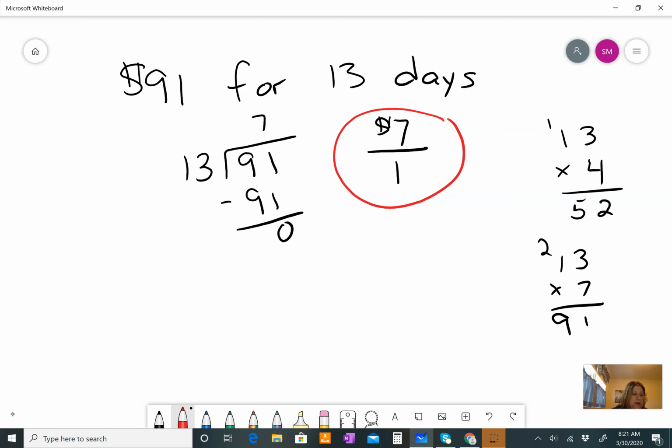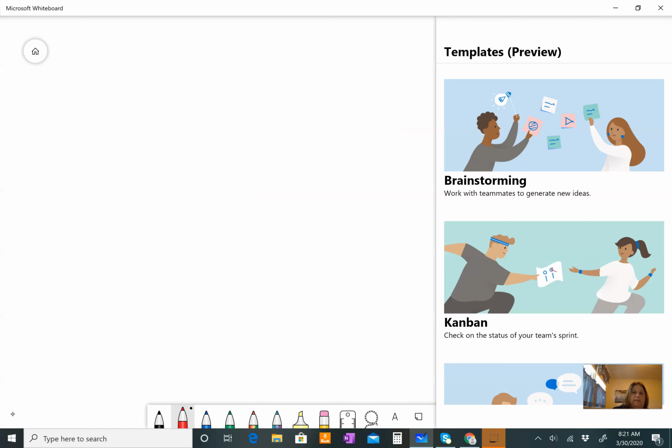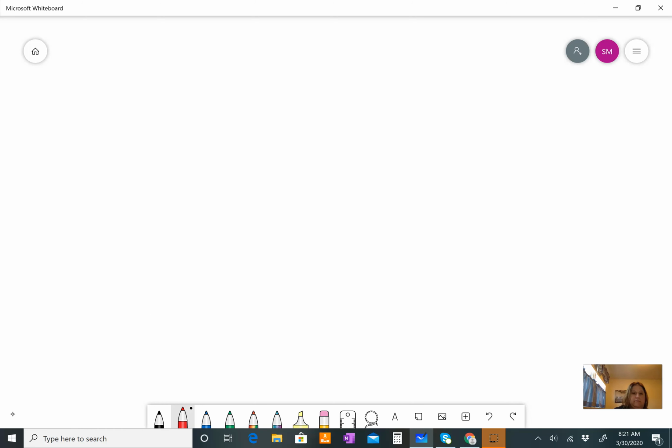Let's do 15 together, because 15 gives you the unit rate. Okay. Go to a clean page again. So we have 18 miles to 1 gallon.